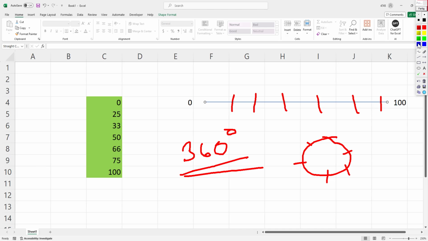If not, this could be a case that this is 0 and this is maybe, let's say, 360 or 356, which is a year. Do you think this number 360 is a year?